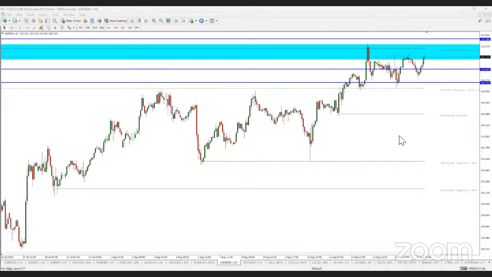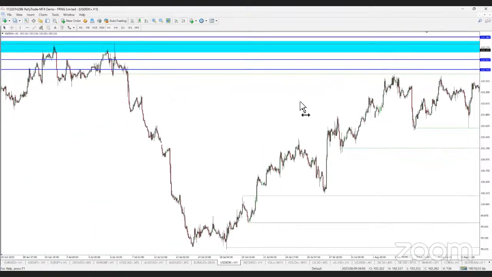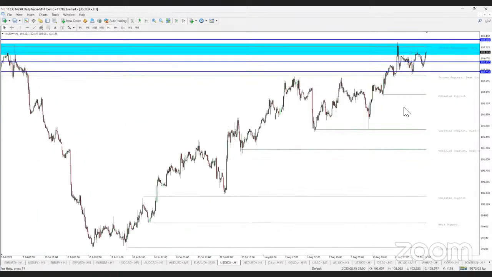But even if you don't trade dollar index, how will you know dollar index is weak or strong? Come on now. Can someone tell us, how do you know that a particular instrument is weak or strong? How will you know? Okay, let me just say it.